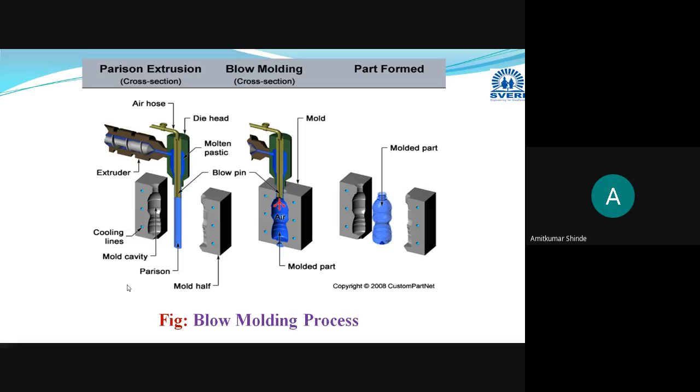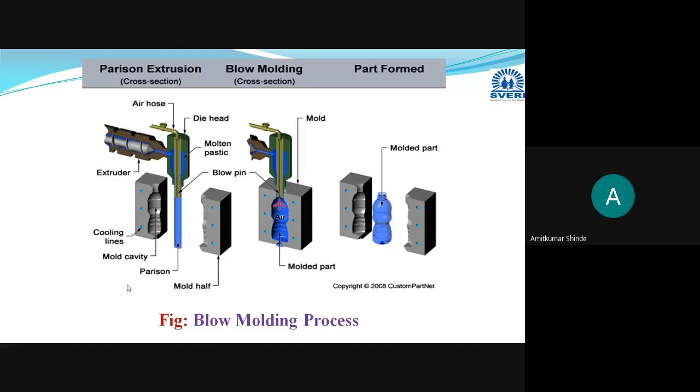Here we are going to manufacture only hollow components. Also, containers for storing cosmetic material are manufactured with the help of the blow molding process. I will go in brief related to application at the end of this session. So this is the blow molding process.